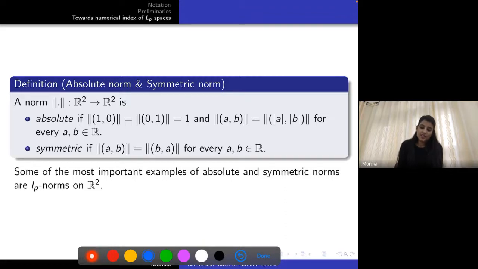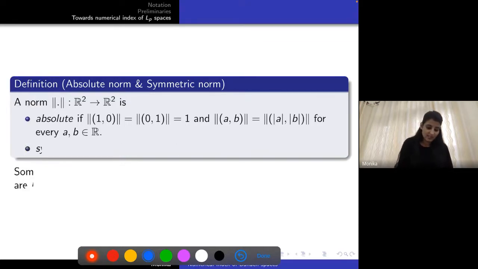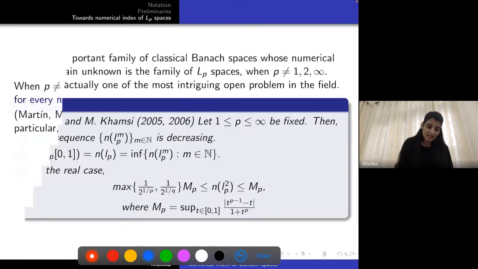So, the computation of the two-dimensional case: to find the numerical index of L_p, the numerical index of L_p will be given by the infimum of the numerical index of L_p^m.